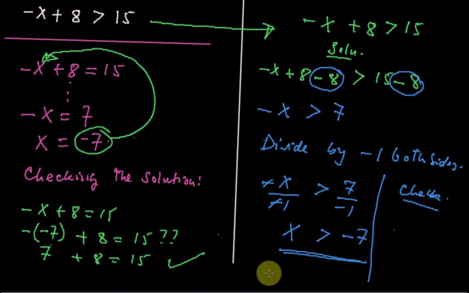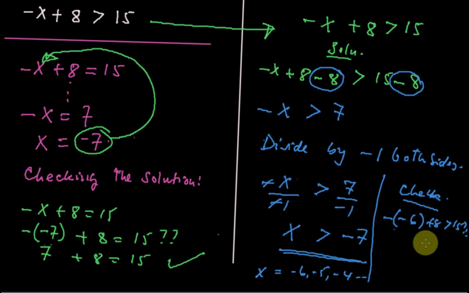So x here is -6, -5, -4, etc. So if you put, for example, -6, then I have -6 plus 8. Is it going to be greater than 15? This is what we are going to check.